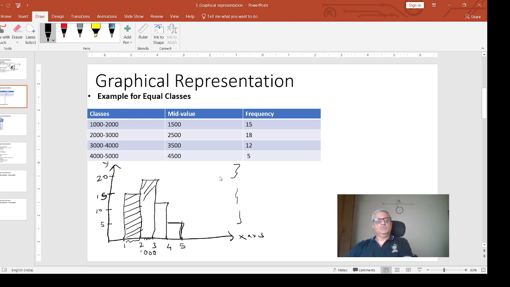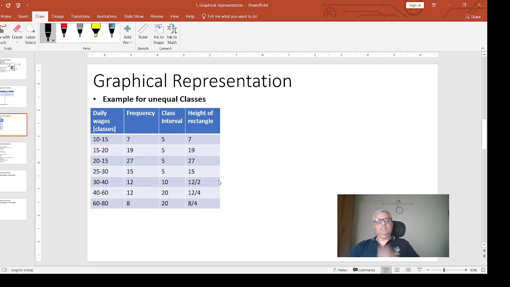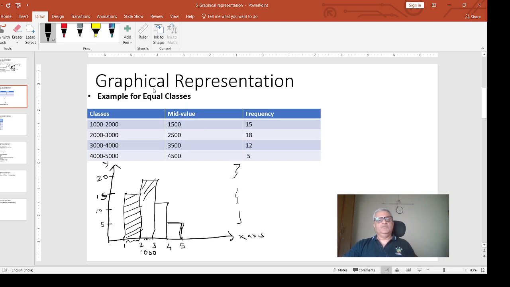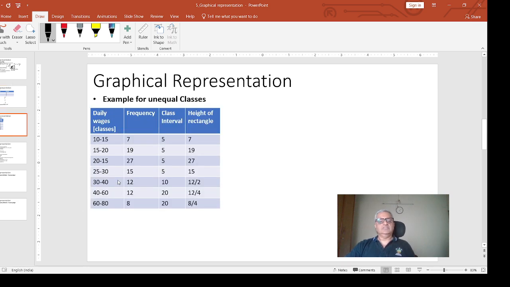Okay, let's move on. This example was for equal classes. If you see, my classes had the same interval across. Now what if I have unequal classes?